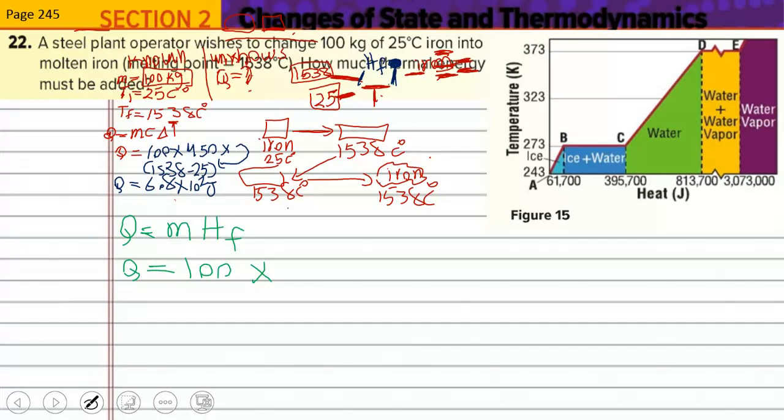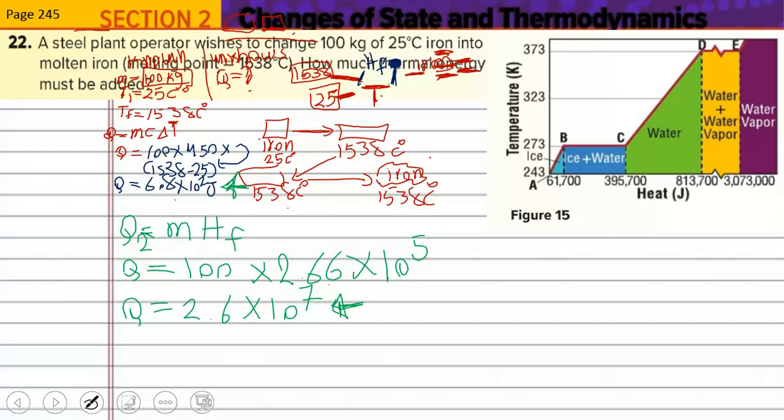Iron has a heat of fusion of 2.66 multiplied by 10 raised to 5. Then Q for the second one would equal 2.6 multiplied by 10 raised to 7. This is the second Q, and that is the first Q of our question.